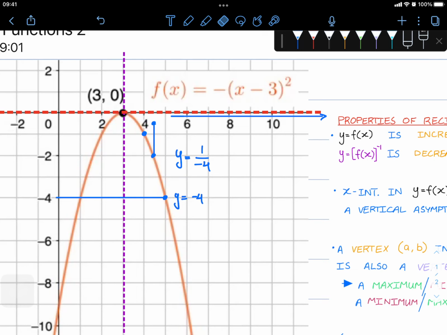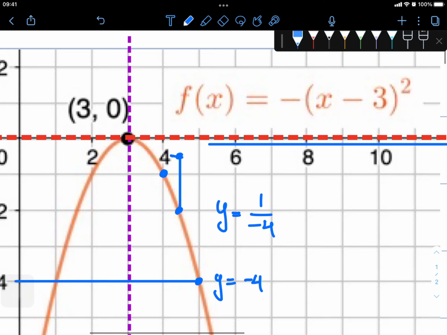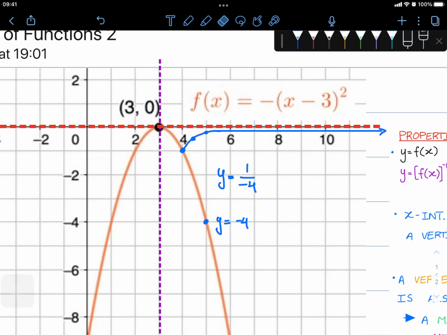So if we were to sketch this more accurately, that's half. At this point, it should be at 0.25, so at that dot there. So these three dots I can already see. We can connect them. Should be something like that.